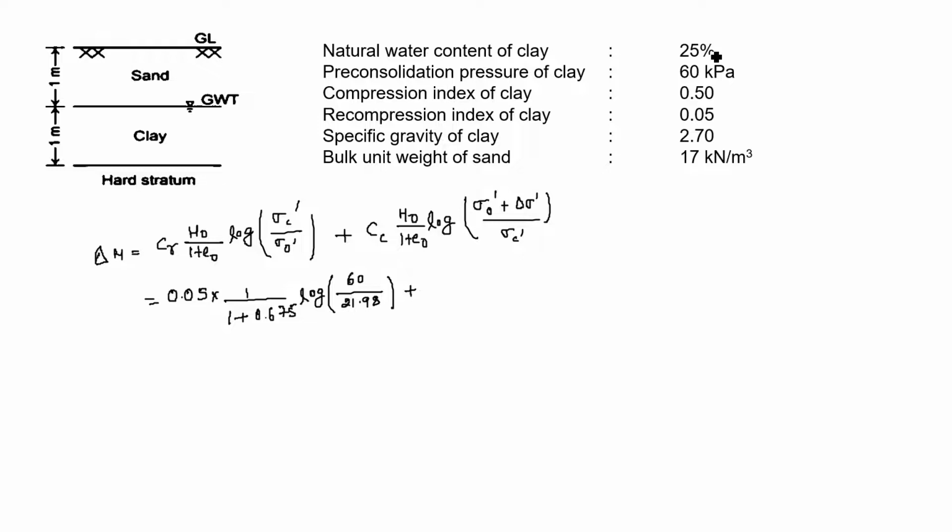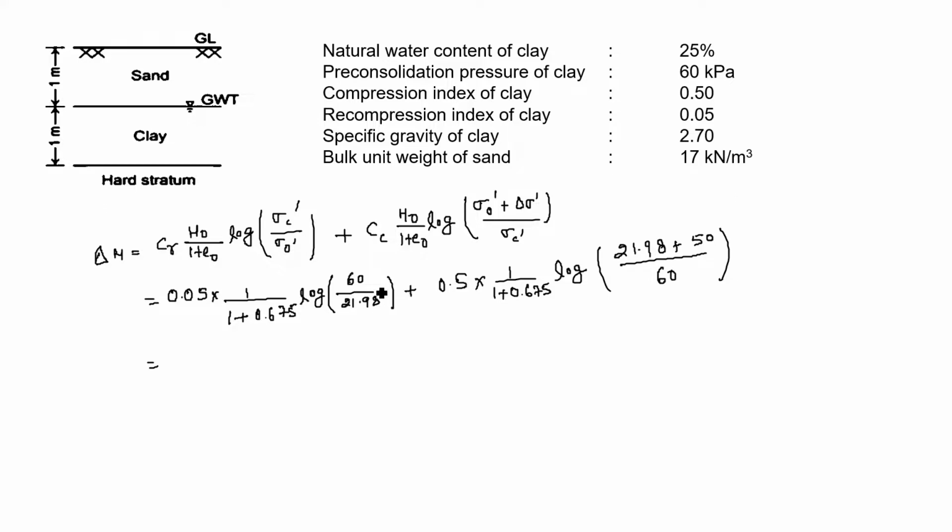Plus Cc, the value of Cc is 0.5, into H naught, that is depth of clay layer 1, divided by 1 plus e naught, that is 0.675, into log of sigma naught dash, which we computed as 21.98, plus del sigma dash, the change in effective stress due to placement of fill, which is 50, divided by sigma c dash, the pre-consolidation stress, which is 60 kilopascal.